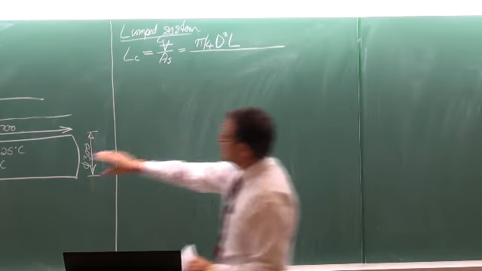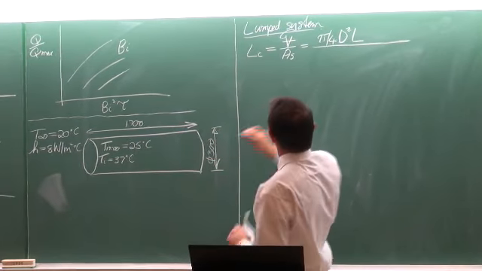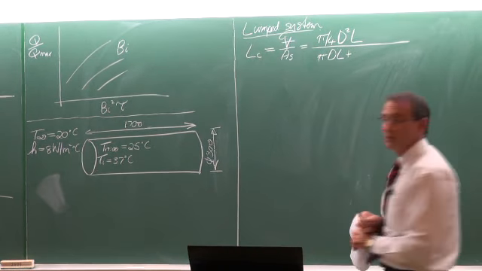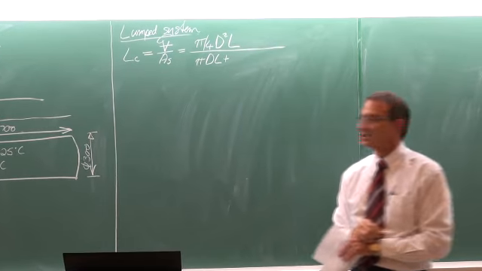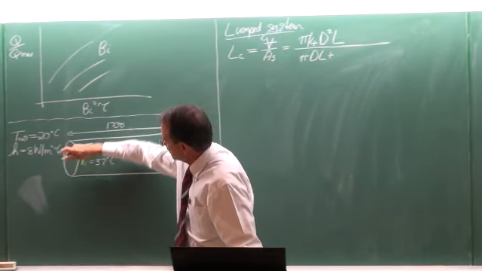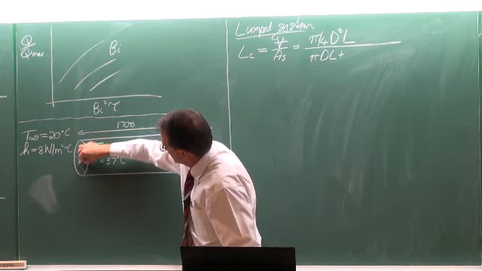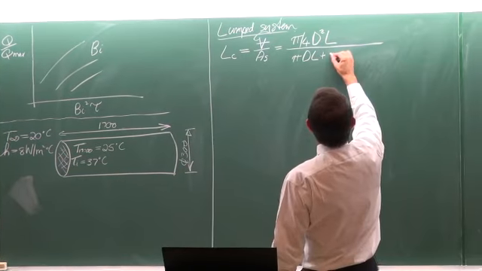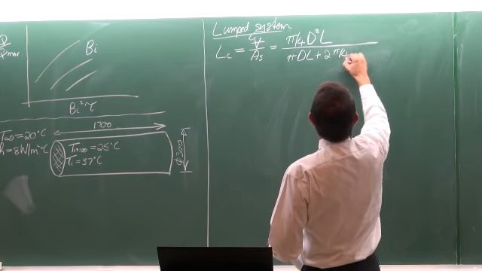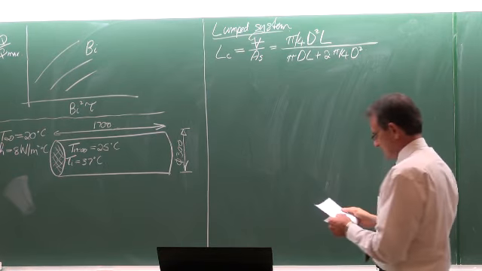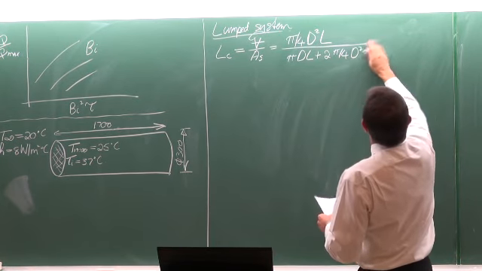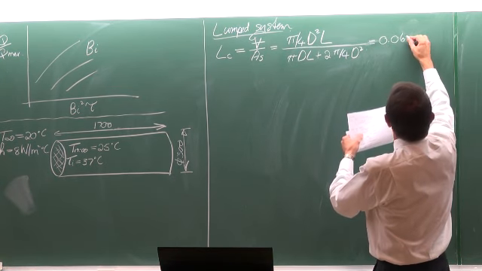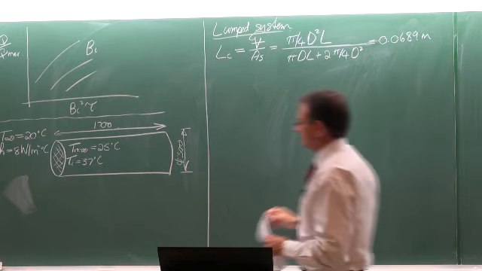And the surface area would be the surface area on the outside of the cylinder, which is equal to pi multiplied by the diameter multiplied by the length, plus the surface area here, plus the one here on the back, which means it is 2 times that one, plus 2 times pi divided by 4 d squared. And we've calculated it previously as 0.0689 meters.